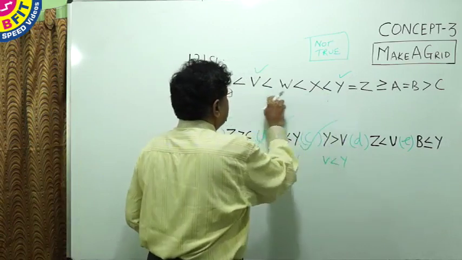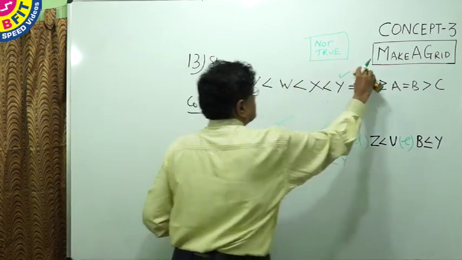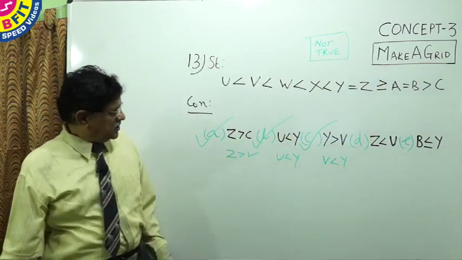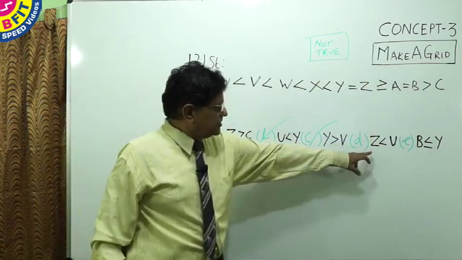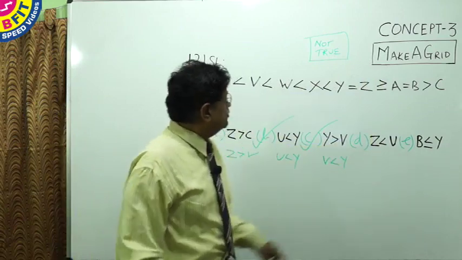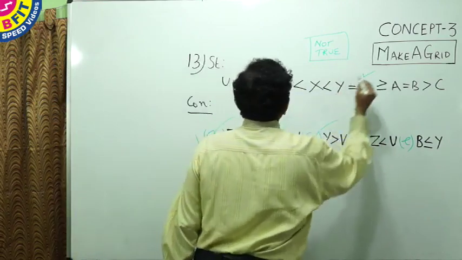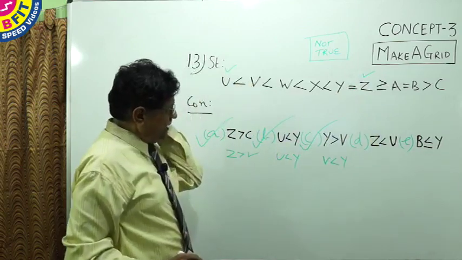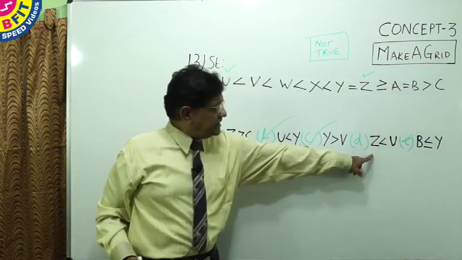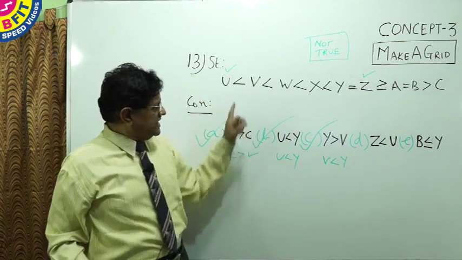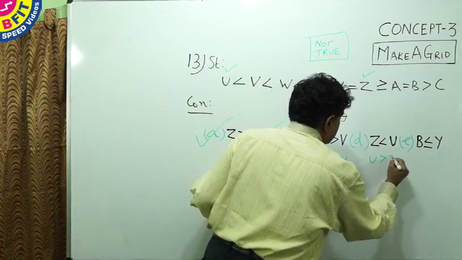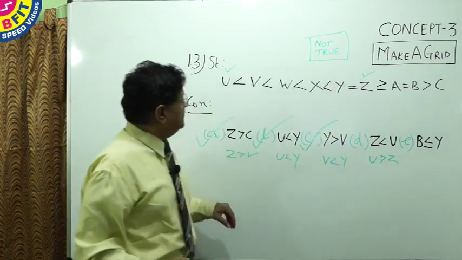Now we will verify the fourth conclusion. What are the elements in the fourth conclusion? Z and U. Z is here, U is here. Now the conclusion is not aligned with the statement. Therefore, we have to realign: U is greater than Z. This is what we have to verify.